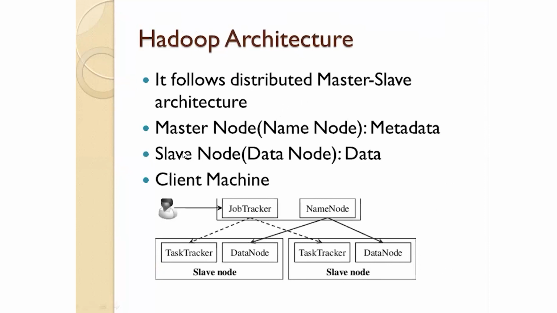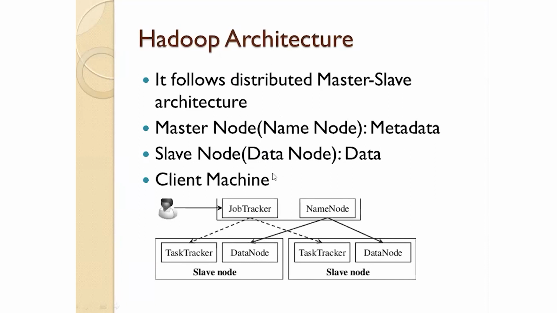This master node is also known as the name node, and the slave nodes are the data nodes, which hold the actual data and perform the processing. But the name node is a special node which holds the metadata, like in which node which part of data is stored. It just tracks everything, the location of where a file will be stored.